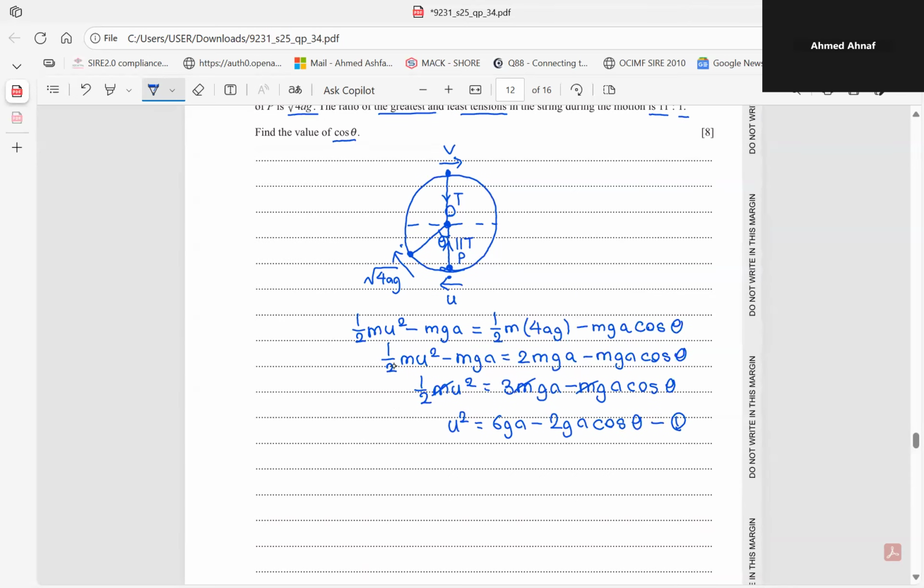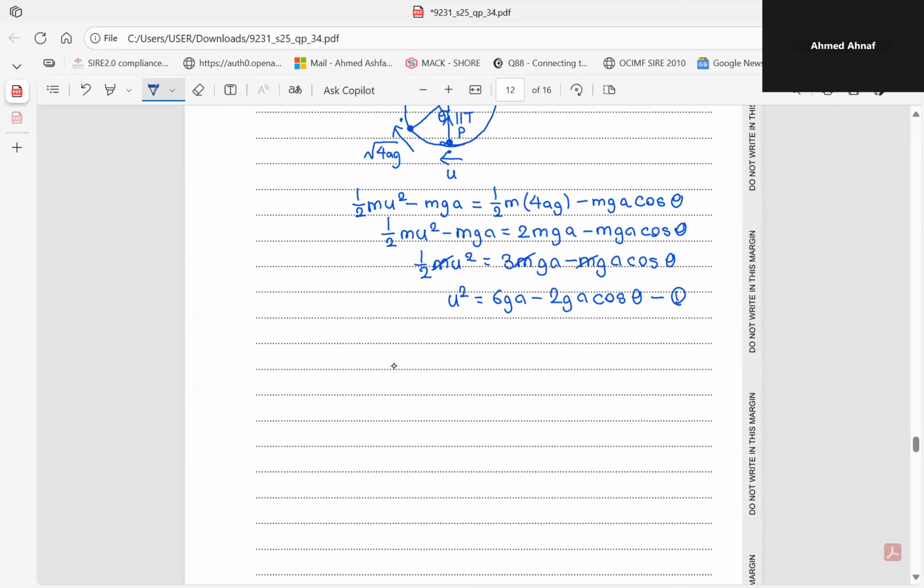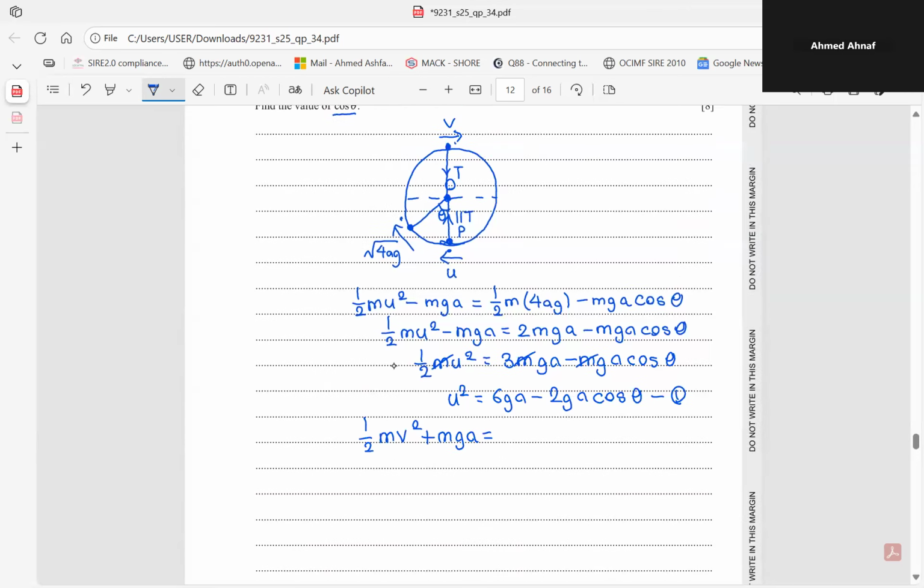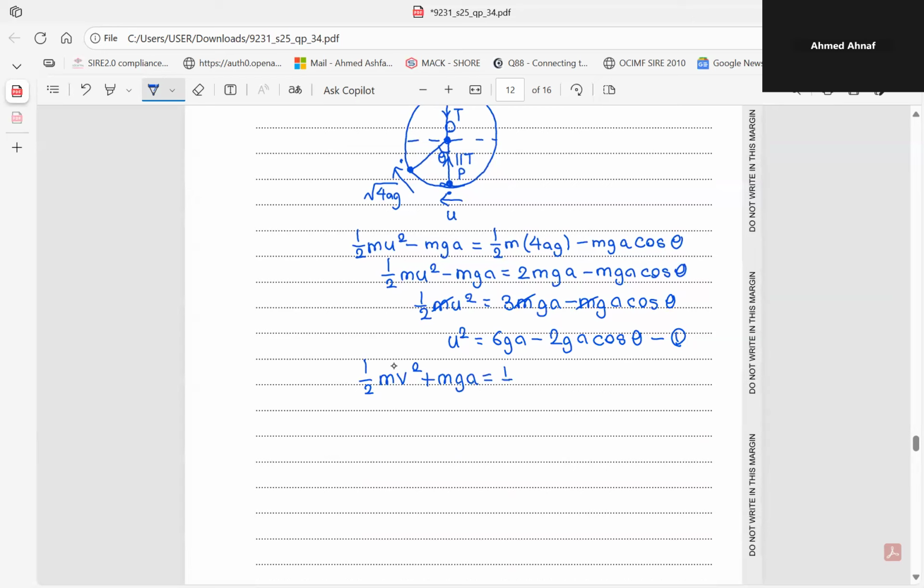Now we're going to do the energy change from here to the top. So we'll take the total energy at the top, half mv squared plus mga, and that would be equal to half m times 4ag minus mga cosine theta.